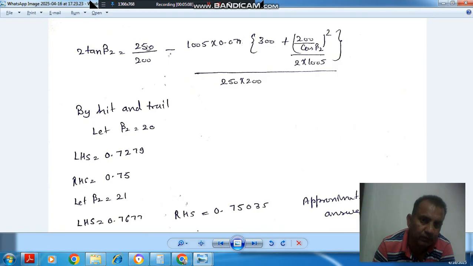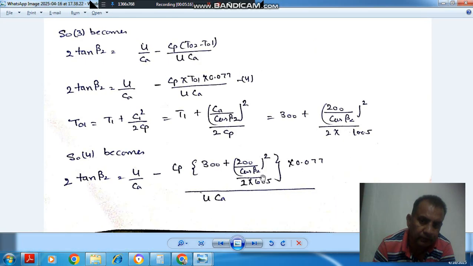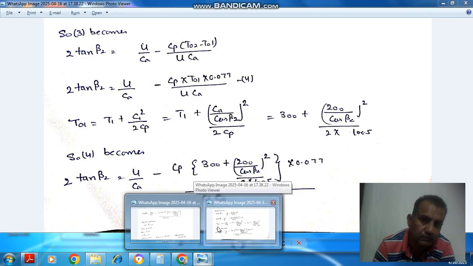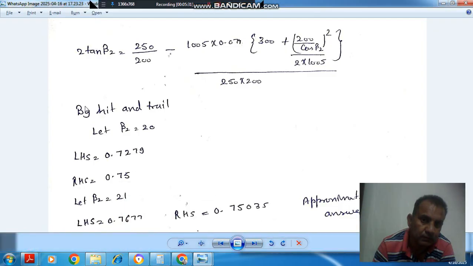Now putting the values, U is 250, Ca is 200, and here we have 0.077, Cp 1005, U 250, Ca 200. By hit and trial, we first take beta 2 as 20 degrees, then the left hand side comes out as 0.7279 and the right hand side comes out as 0.75.